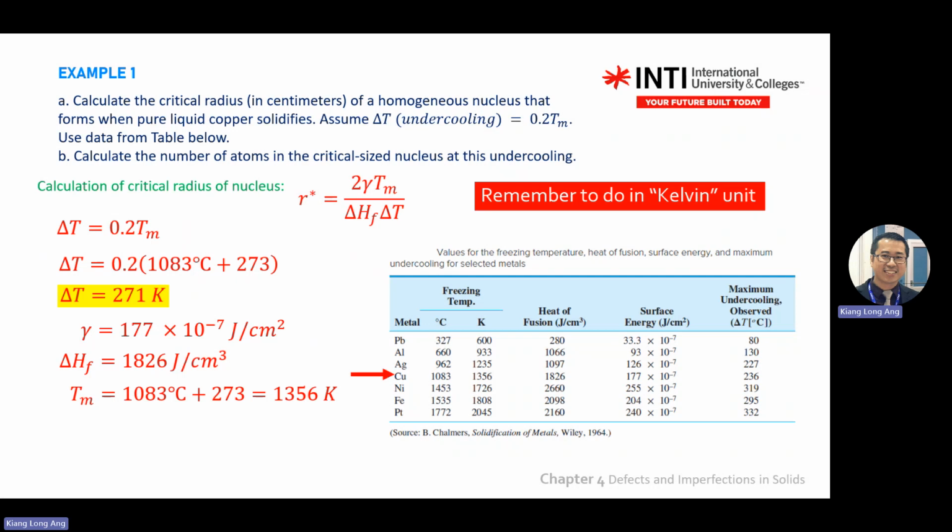That Celsius down there is printed in Kelvin also, right? Yes, the undercooling. Okay. Times Tm, divided by delta H. 177 10 power negative 7. 1356.